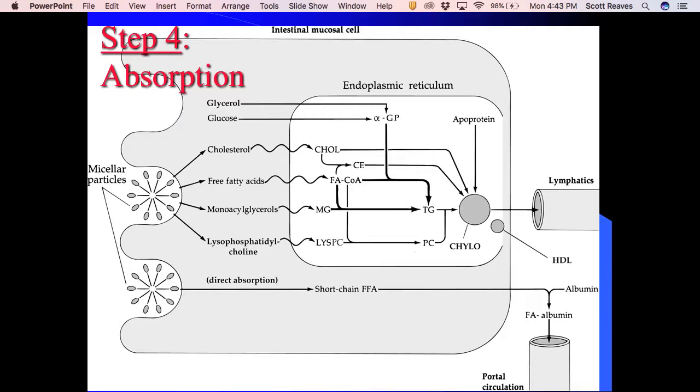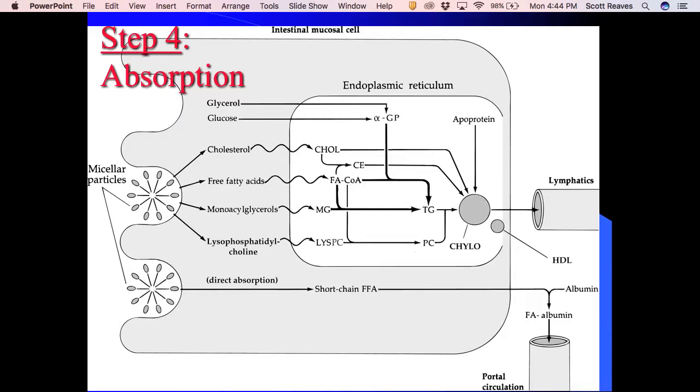Now it's in the chylomicron. Now that chylomicron can be released from the intestinal cell into the lacteal. Remember that? So now it goes into the lymphatic system, ascends the central abdomen, and goes through the left subclavian vein into the blood.